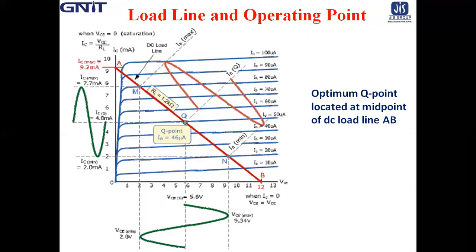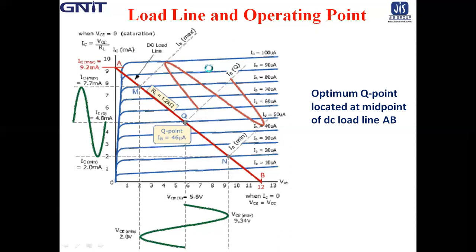This process of giving proper supply voltage and resistance to obtain the desired Q point is called biasing, and the corresponding circuits used are known as biasing circuits.